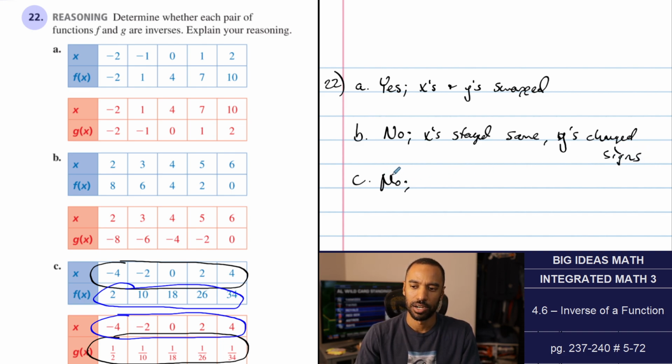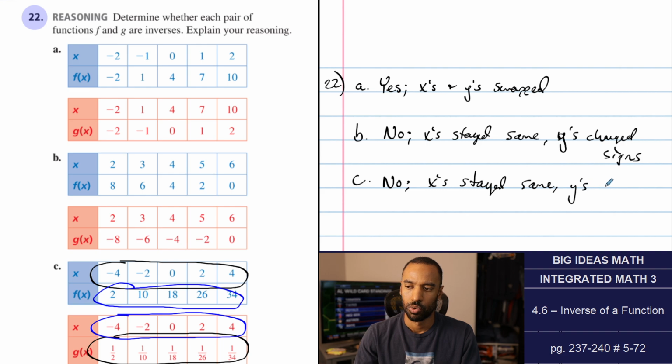And no here. No, x's stayed the same, y's reciprocated. Again, not something of an inverse function.